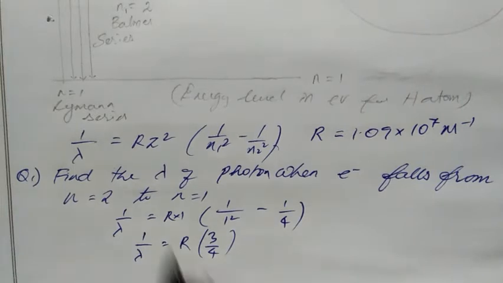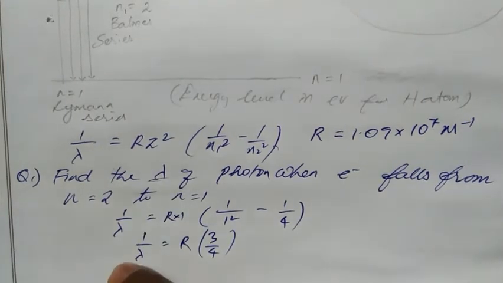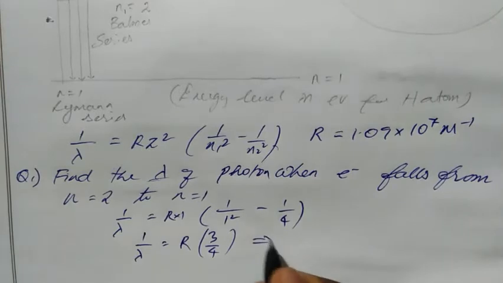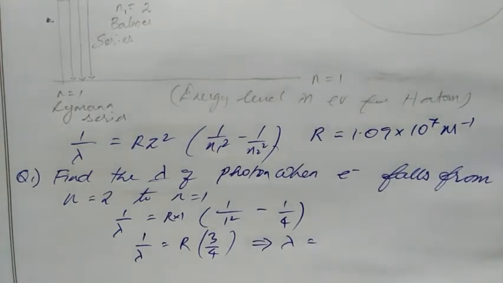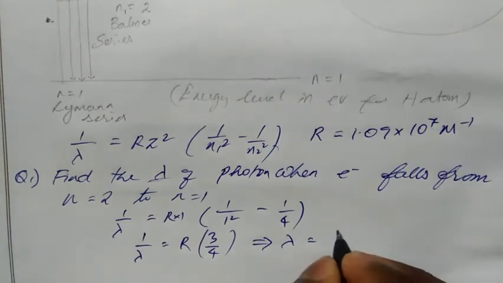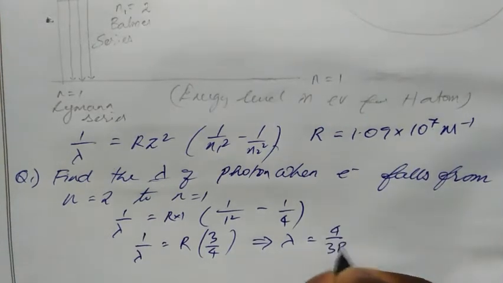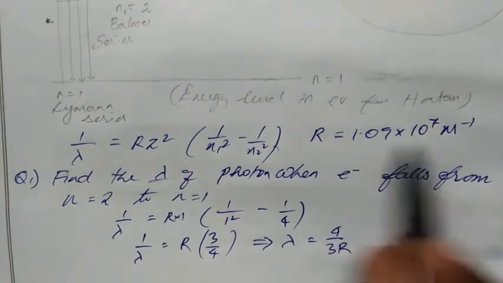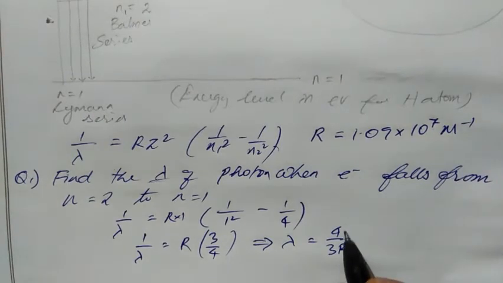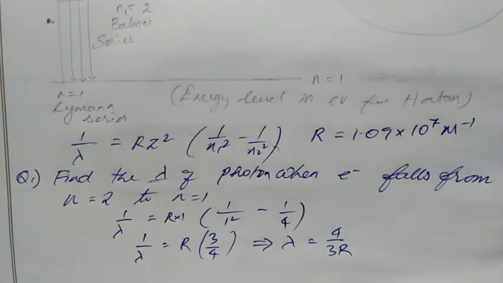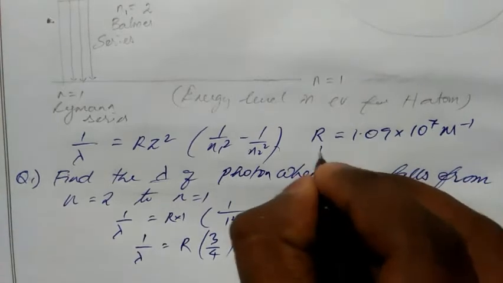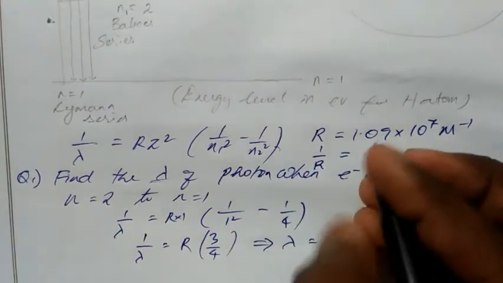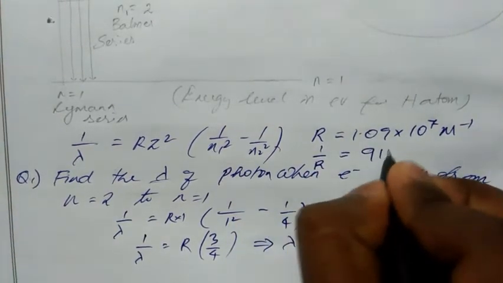But we have to find lambda, not 1 by lambda. So I take the reciprocal. Then lambda equals 1 by R times 3 by 4, which becomes 4 by 3R. Correct? I just did the reciprocal. We know the R value, but here R is in the denominator, so we can take 1 by R. Remember, the 1 by R value is 911 angstrom.